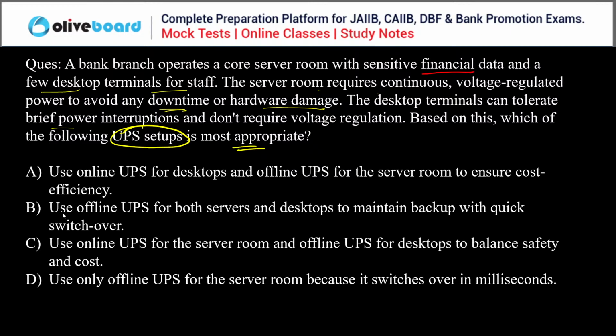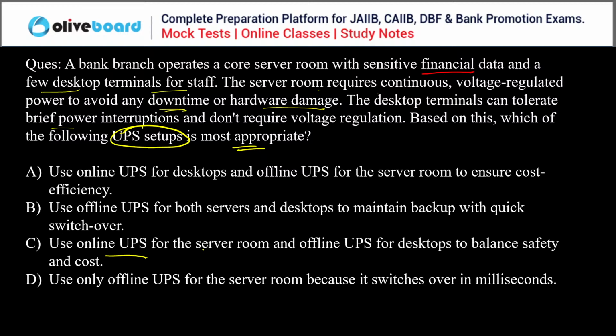So for them, you just give the offline UPS. Offline UPS can give you a little interruption, and that is tolerable over the desktop terminal. But when there is sensitive financial data in a bank server room, and you don't have to give any downtime to this server room, we have to give online UPS to them, right?